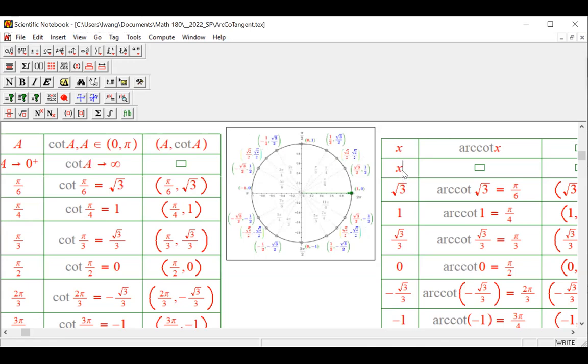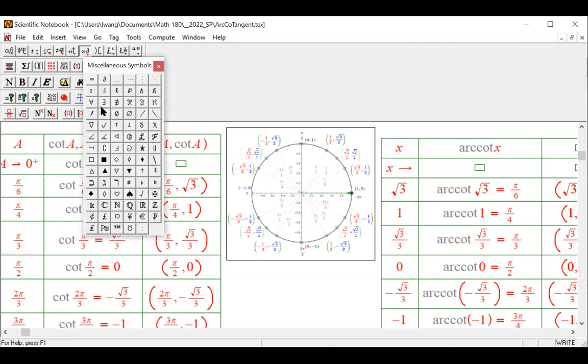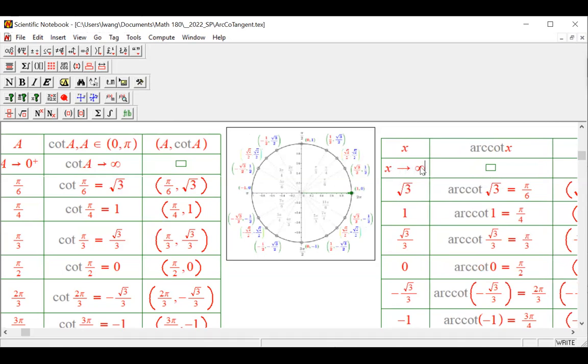When the ratio approaches positive infinity, the angle approaches 0. So ArcCotangent of that ratio is going to approach 0 from larger than 0. You can see the swap, these two swapped.